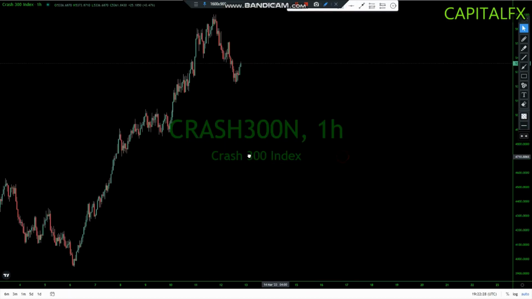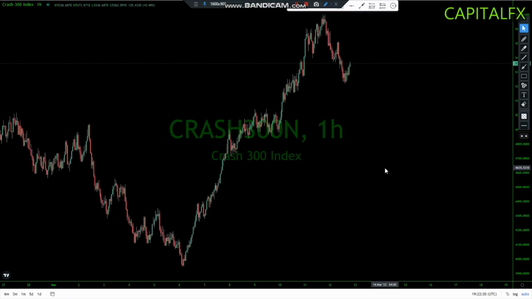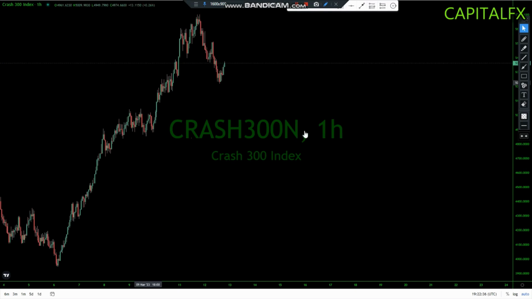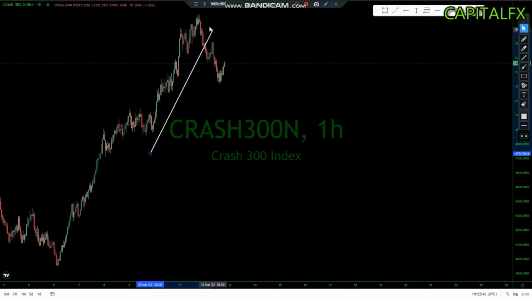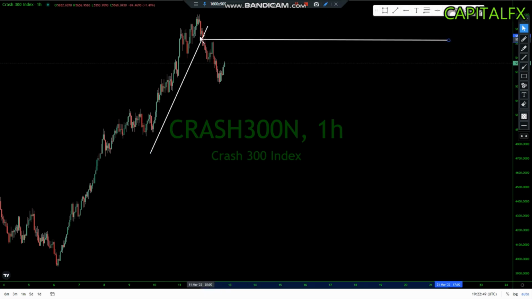So guys, I am right here in my chart. I decided to use Crash 300 to explain the strategy. Actually, I am on this trade. I entered this trade right here. I found this breakout here and I entered the trade. Let me try to put it on the screen.